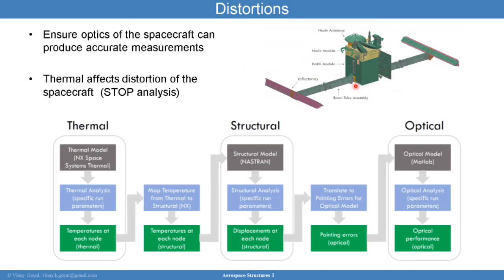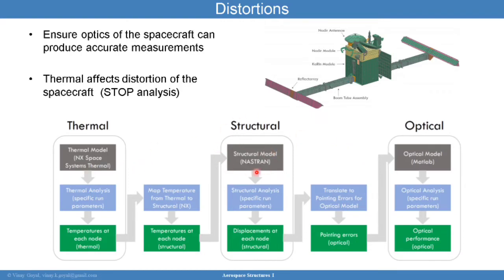This thermal analysis produces a number of load cases. These load cases are then mapped into a thermal structural model, and the structural model may not be the same finite element mesh as the thermal model, so that causes a problem in trying to map a thermal model result into a structural model because the mesh may be different.